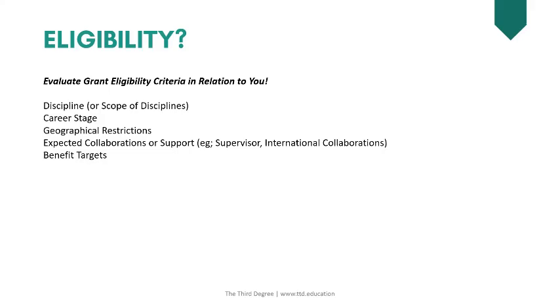And the final one is the eligibility criterion becomes the benefit targets. Do the stakeholders that will gain or benefit from your research fit or align to the stakeholders that the funding organization wants to benefit as well?